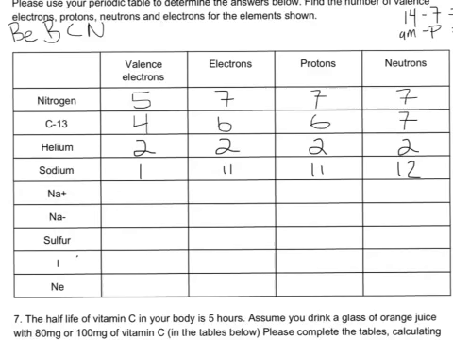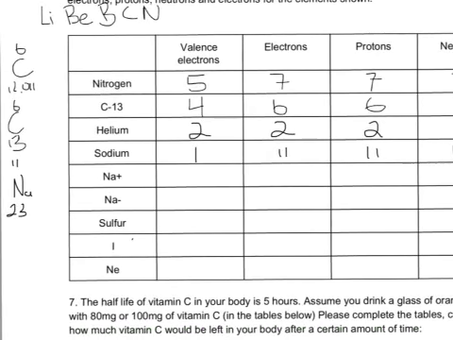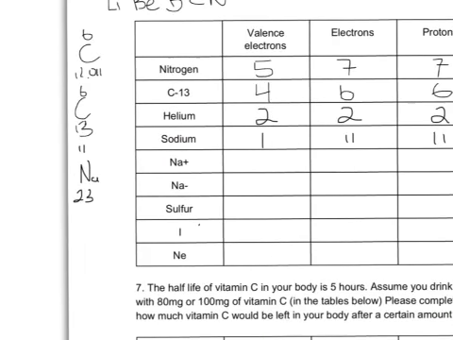Now this is indicating an ion, Na plus and Na minus. Our normal sodium has 11 electrons and 11 protons, so the charge is balanced. We're going to say charge is 0.